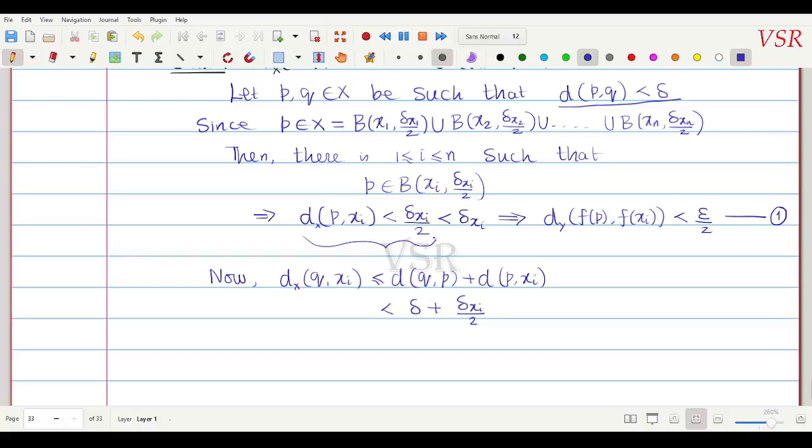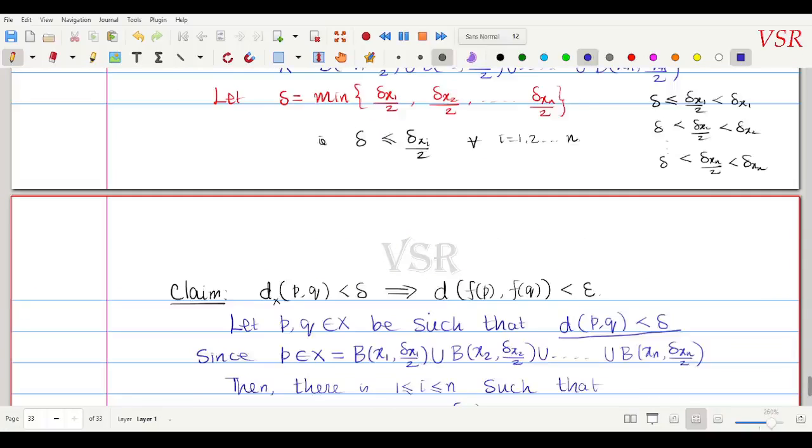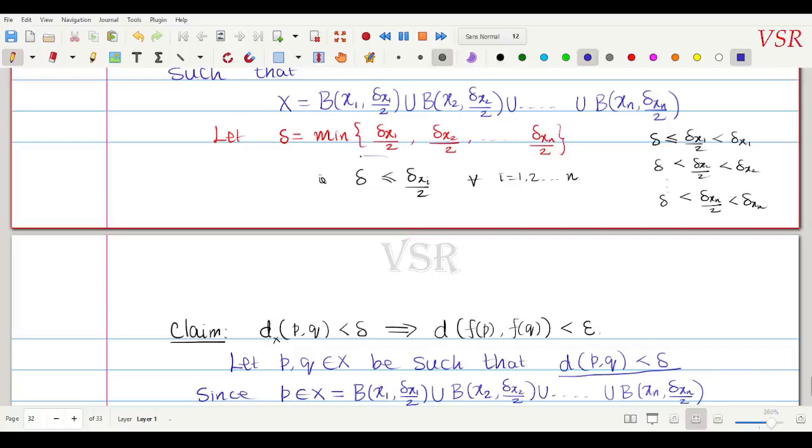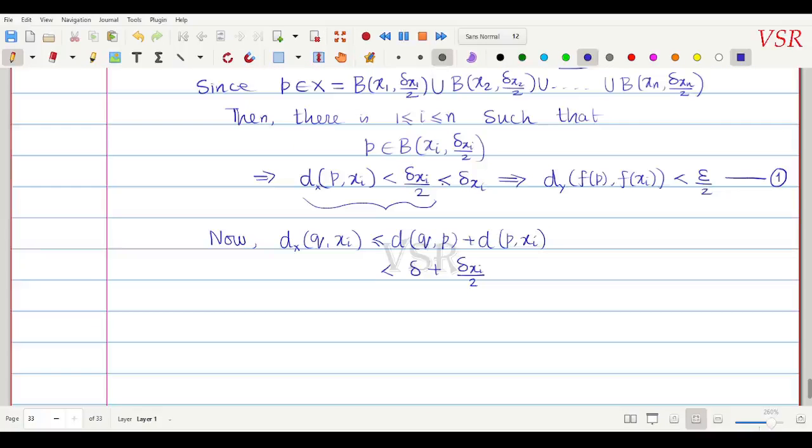Okay, and note that delta is less than delta xi by 2 for every element we take; this condition must hold. Then I may write this value is less than delta xi by 2 plus another delta xi by 2, so that is equal to delta xi.